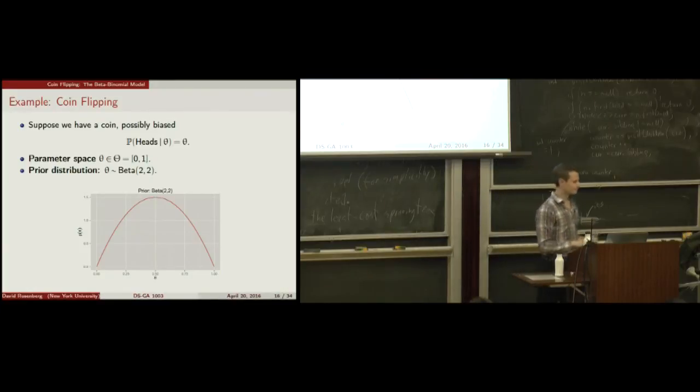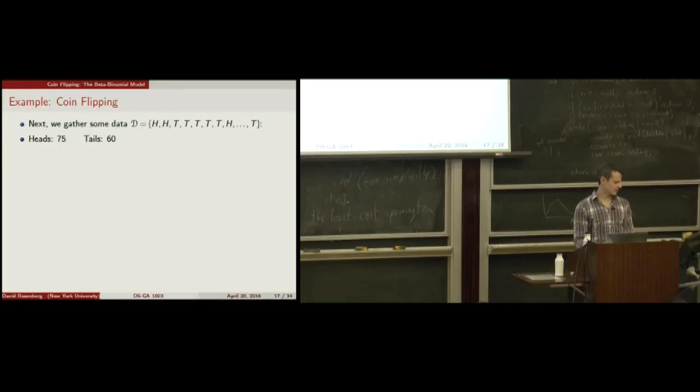That's right. So here's a quick example. Suppose we put a beta(2, 2) prior, right? So this is as though we had 2 heads, 2 tails. It's not that tight. This is our prior distribution. We observe a sequence of heads and tails. Suppose it's 75 heads and 60 tails. All right? So the MLE is 0.556.